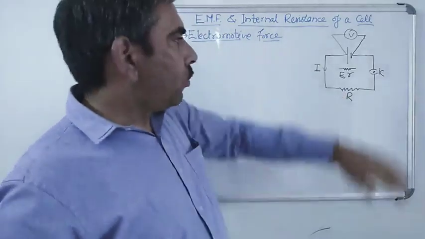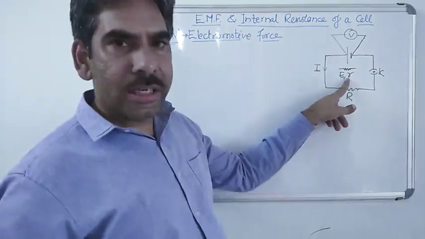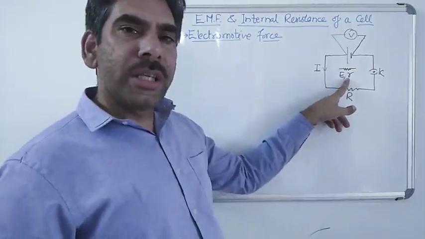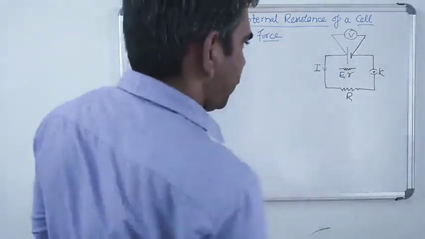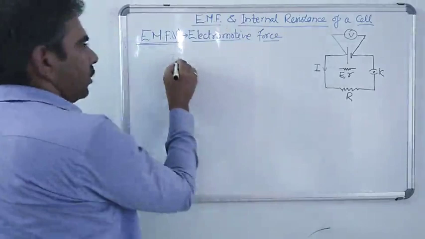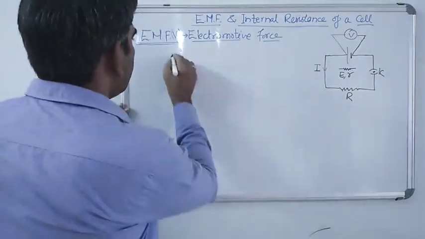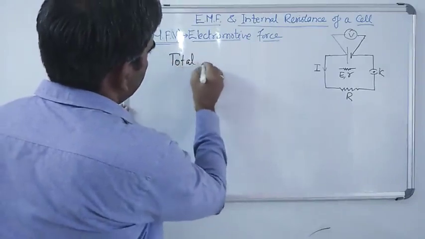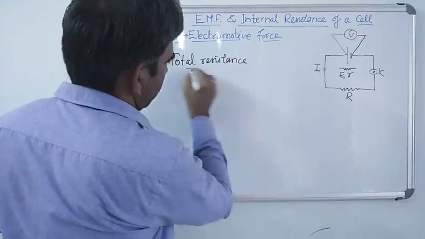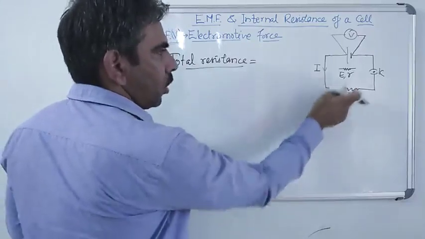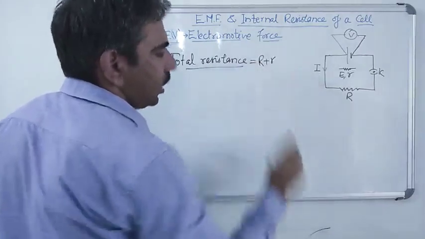Remember that whenever we connect a cell of some internal resistance, the internal resistance of the cell is always in series with the resistance of the rest of the circuit. So the total resistance of the circuit is given by the sum of these two resistances because they are connected in series. So it is R plus small r.